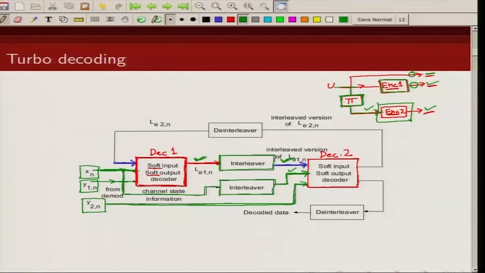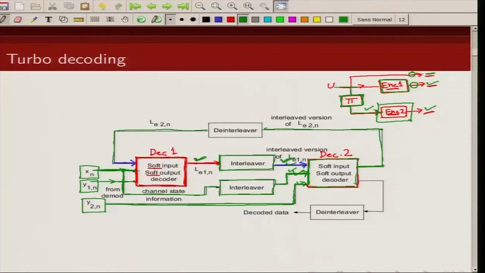Similarly, what does this decoder 2 do? It takes these two channel values and the a priori information which it has received from decoder 1, and then it will try to decode this code and form some estimate, some extrinsic information, and that information is fed back to the first decoder.